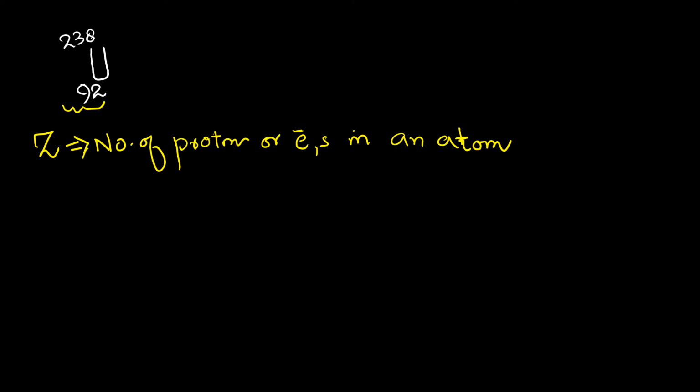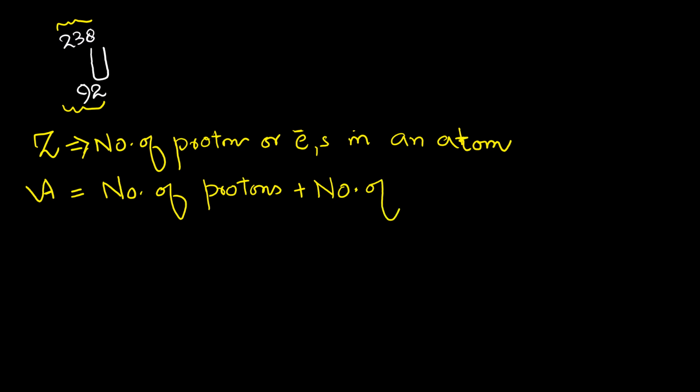Whereas the superscript 238 represents the mass number, represented by the term Z, which is the number of protons plus the number of neutrons in the atom.